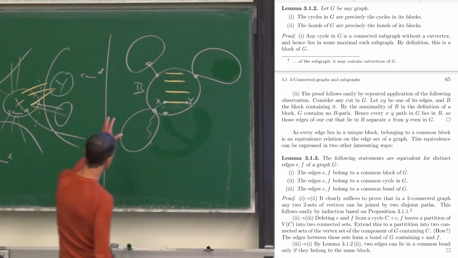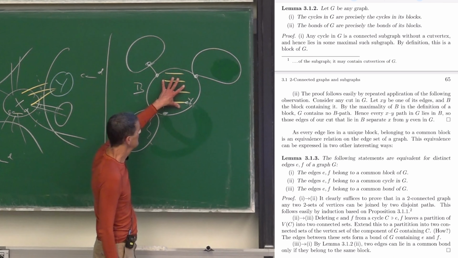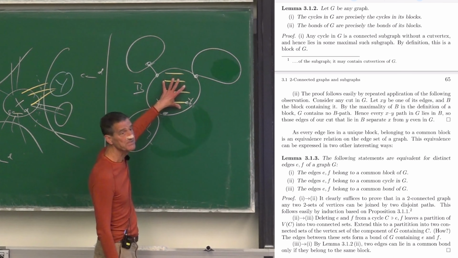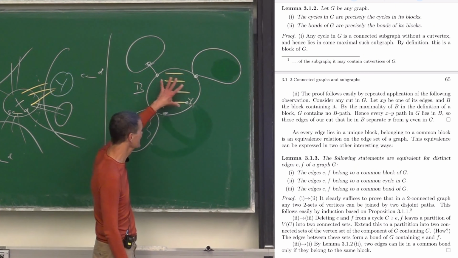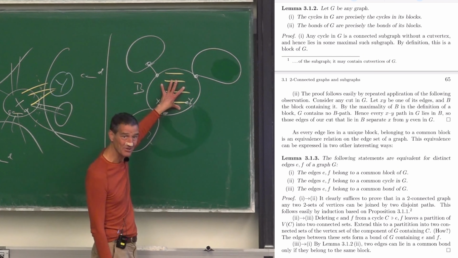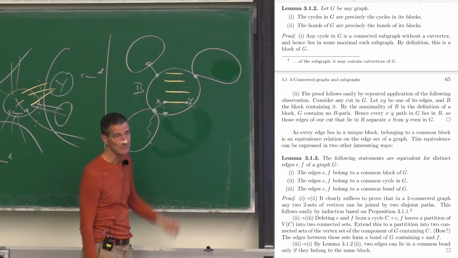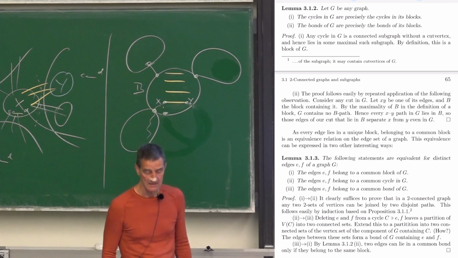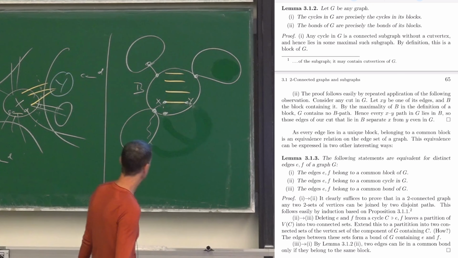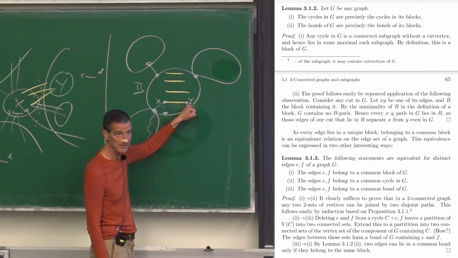Okay, so our given bond is a subset of one block, and it clearly is a cut of that block, namely it separates X from Y. So the vertex partition that it induces on G has X on one side and Y on the other side.